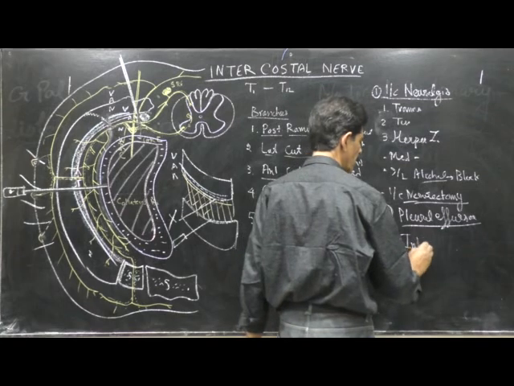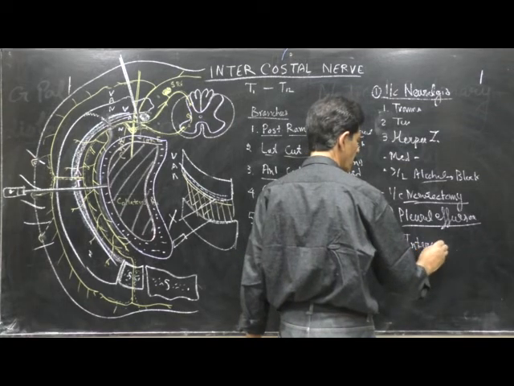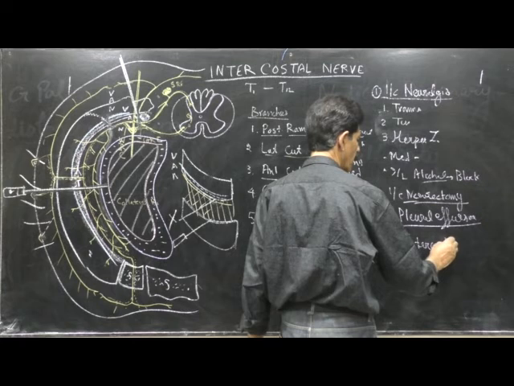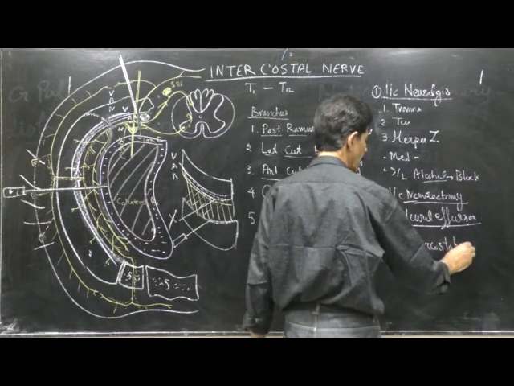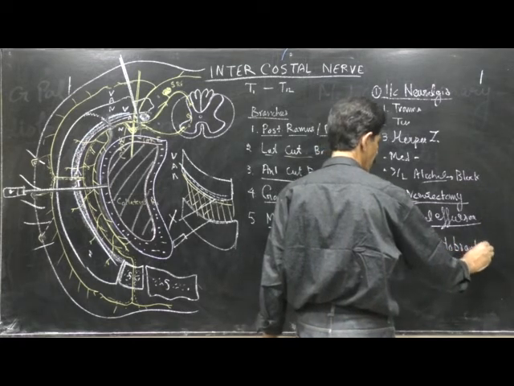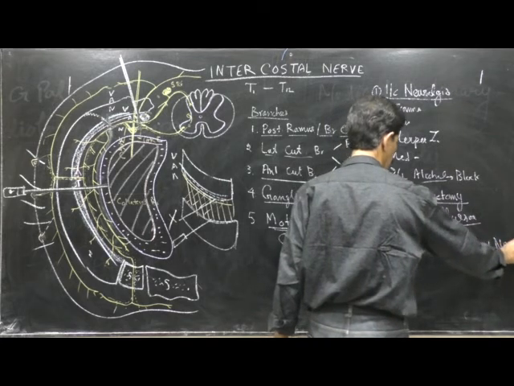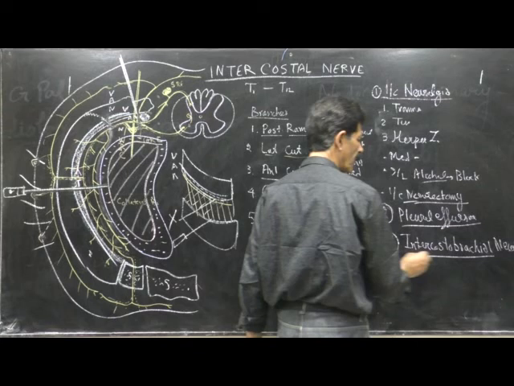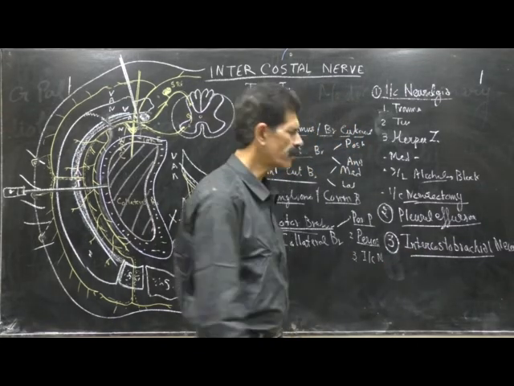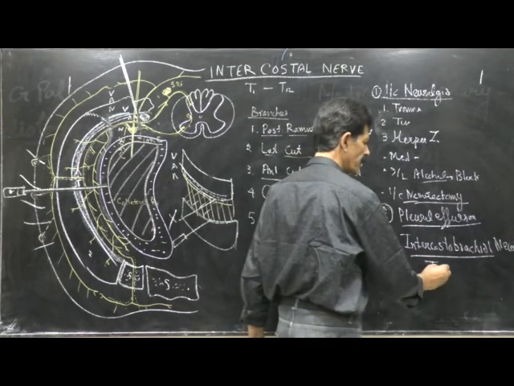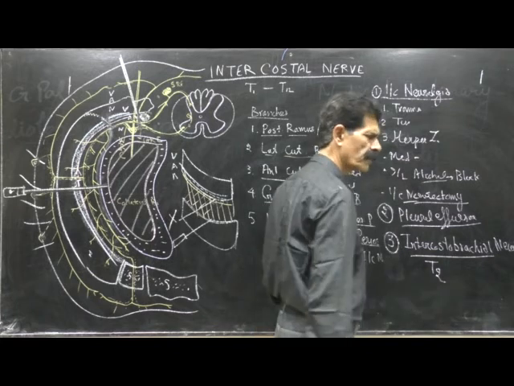intercostobrachial neuralgia. Intercostobrachial neuralgia is related to the second intercostal nerve.